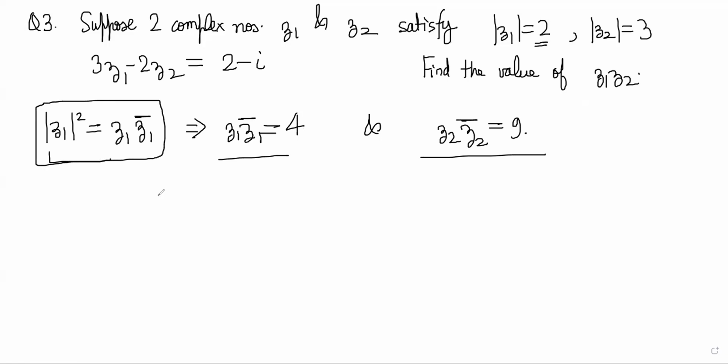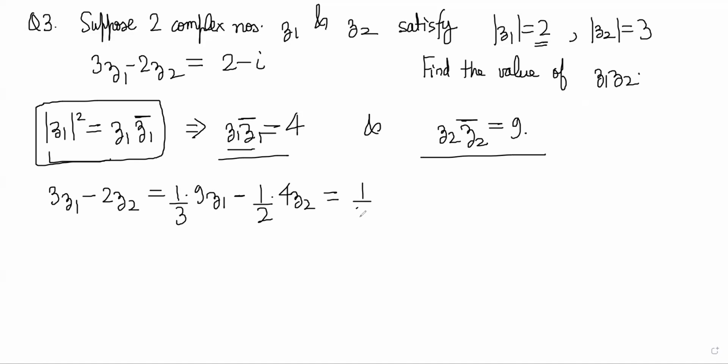So basically, what we can say is 3z1 minus 2z2 can be written as 1 by 3 into 9z1 minus 1 by 2 into 4z2. Why am I writing 9 and 4? Because 9 will be z1 into z1 conjugate: 1 by 3 into z1 conjugate z1 minus 1 by 2 into z2 conjugate and z2. Right? I'm using the fact that this and this are there.